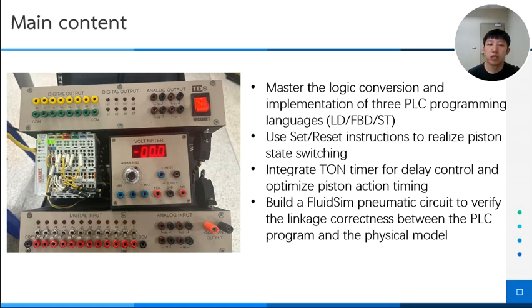Third, use a till-end timer to control delay, making the piston move better. Fourth, build a flow-theme pneumatic circuit to check if the PLC program and the physical model work together correctly.